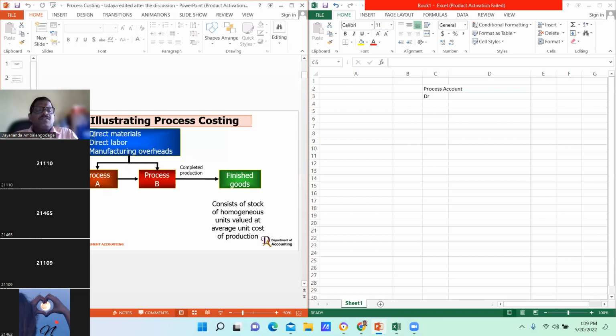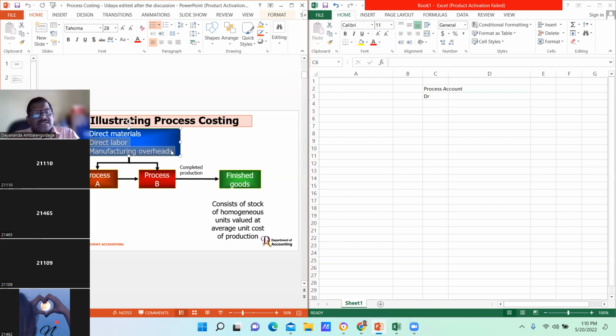Direct material we will discuss separately, but direct labor and manufacturing overhead can be labeled as conversion cost. In certain examples, we take direct labor and manufacturing overhead as conversion cost.